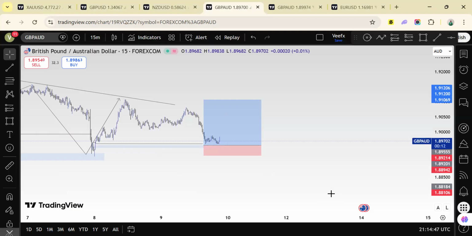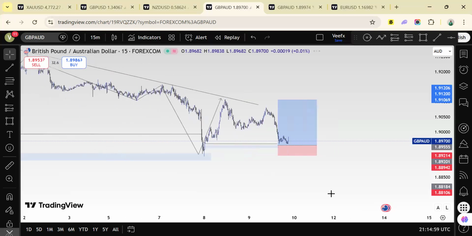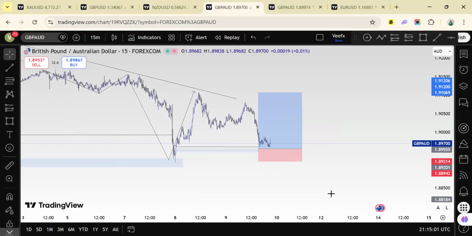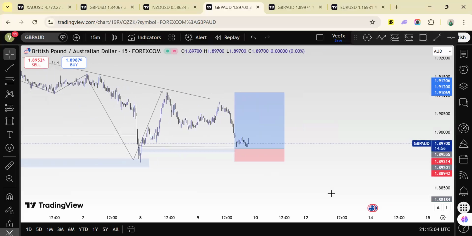The first rule is that there has to be a market structure shift or a multiple break of structure, right? Before I pick any POI for my entry, I need to make sure that there is a market structure shift or a multiple break of structure.